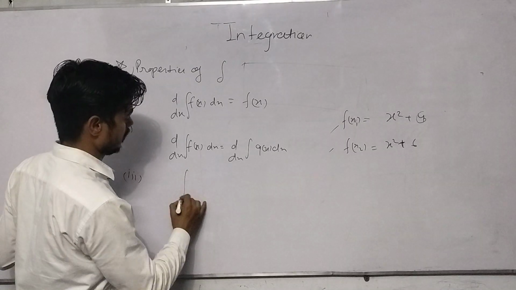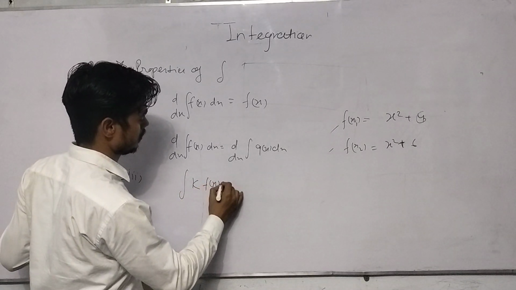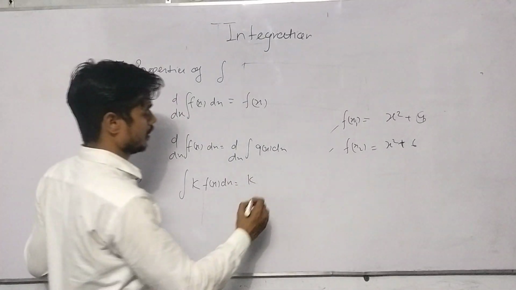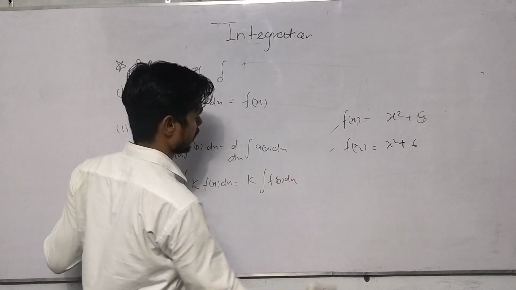Property 3, in integration when we have a constant and then a function, in that case the constant will be outside of the integration and we will integrate the function.